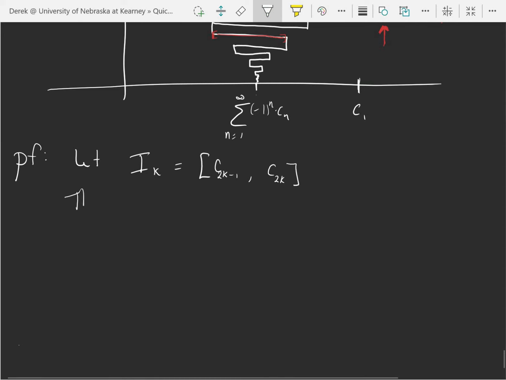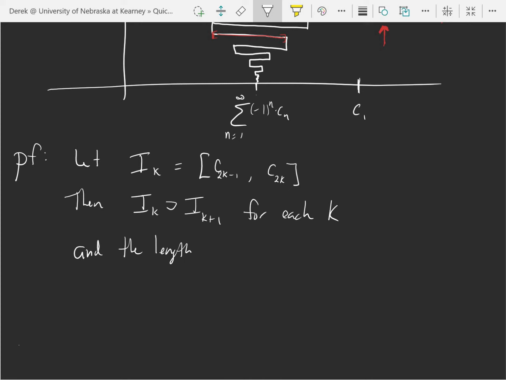Okay, then I sub k contains I sub k plus 1 for each k, and the length of I sub k equals, well, what's the new term?